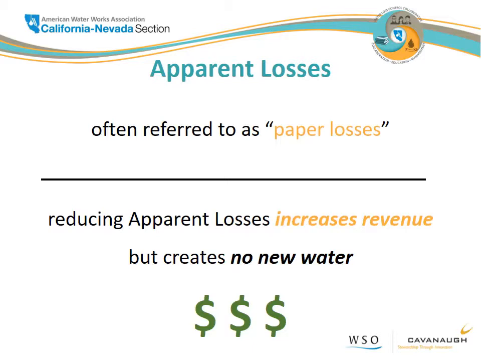There's no new water that's recovered or saved. Instead, we're just generating more revenue for the water that we successfully deliver. A huge benefit and super worthwhile, but this is going to be very different from our solutions of leakage.